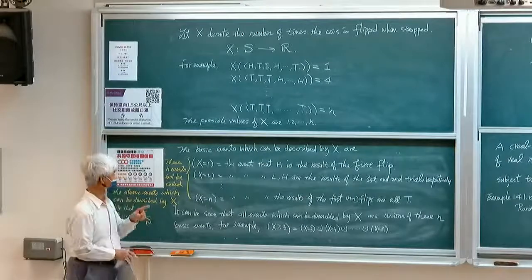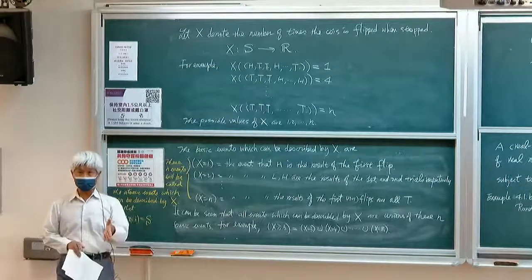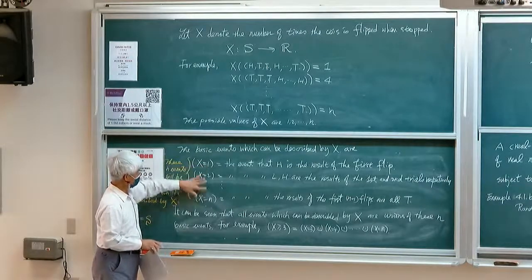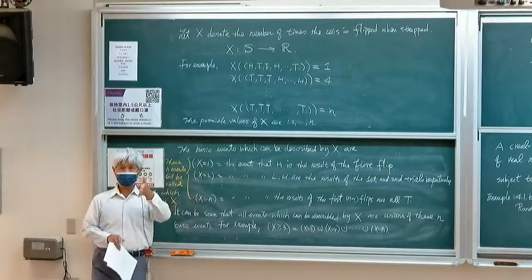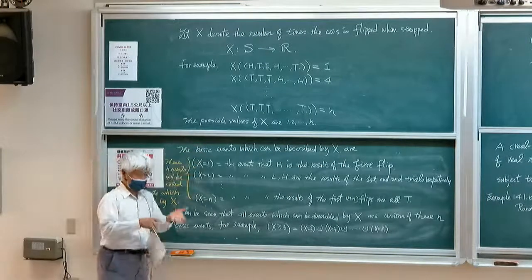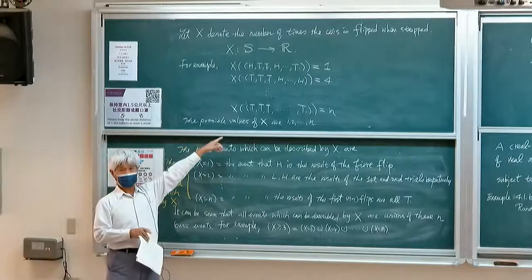But when you refer to an atomic event described by a random variable, you will see that it is the event that X equals a specific numerical value, because there is no smaller event which can be described by a random variable like this one.